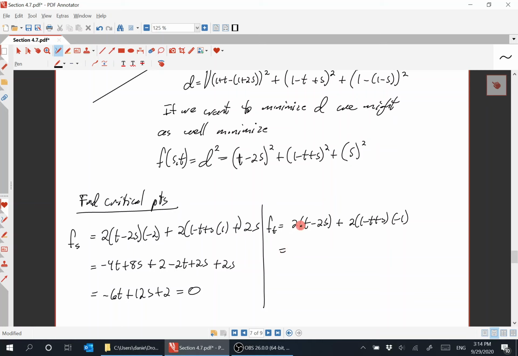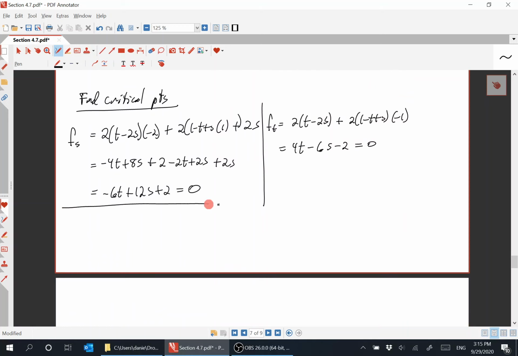So this is 2t plus 2t, that's 4t, and then I have minus 4s minus 2s, so that's minus 6s, plus 2 or minus 2. And that's equal to 0.